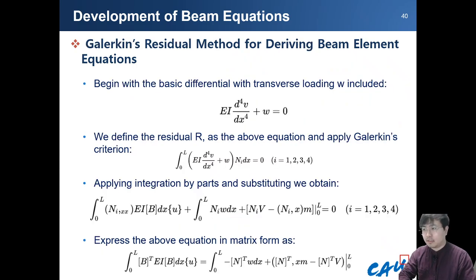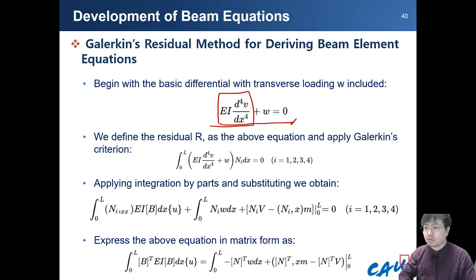Next is the Galerkin residual method. To derive the Galerkin residual method, please remember this fourth order equation. This is a general partial differential equation, a fourth order derivative equation.